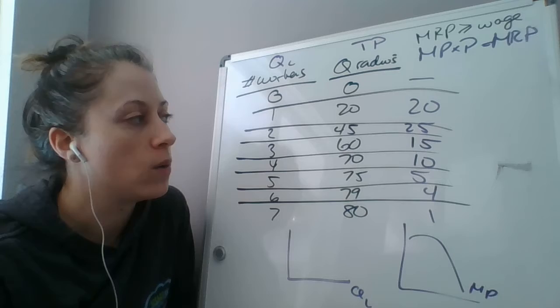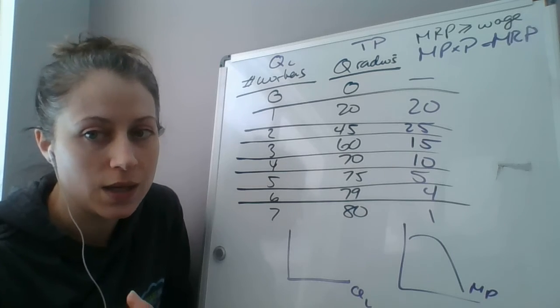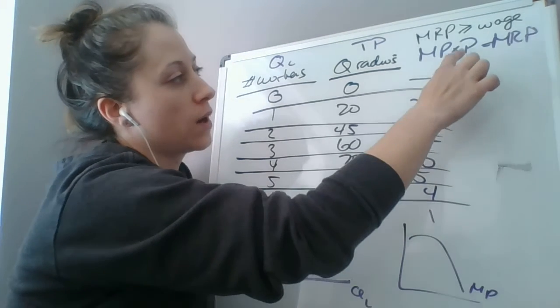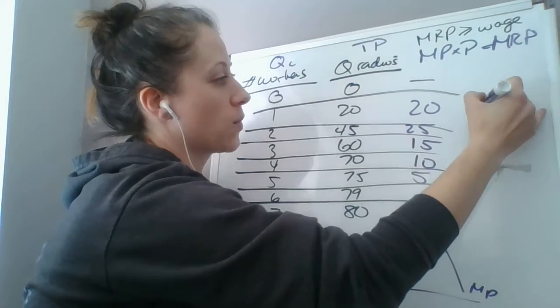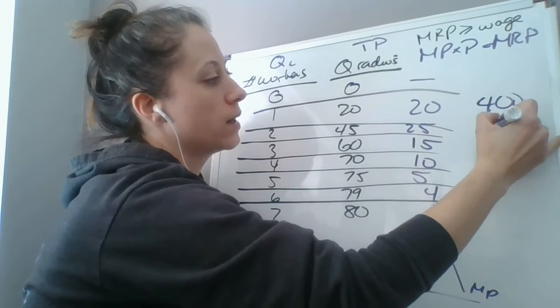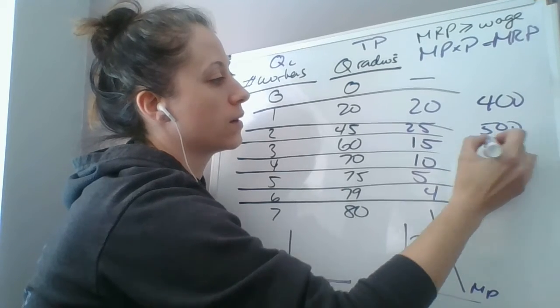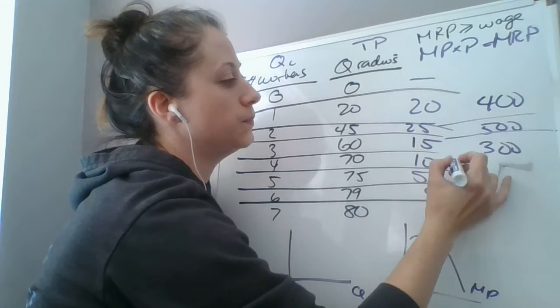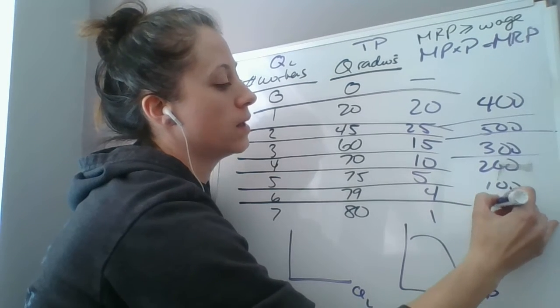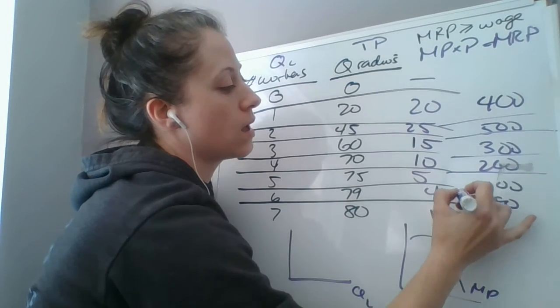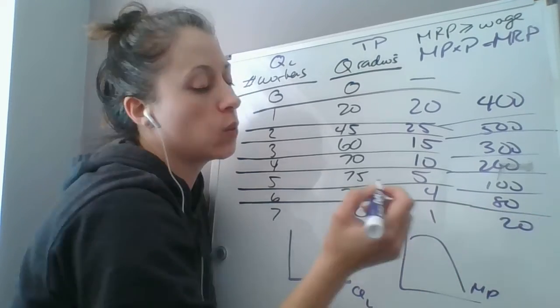Now that we know clock radios are $20 each, we can multiply the marginal product times the price of 20 in order to get marginal revenue product. So it's 400, 500, 300, and I'll extend my lines out, 200, 100, 80, and finally 20.